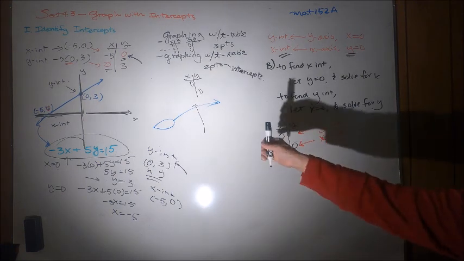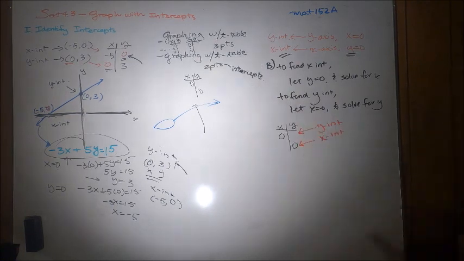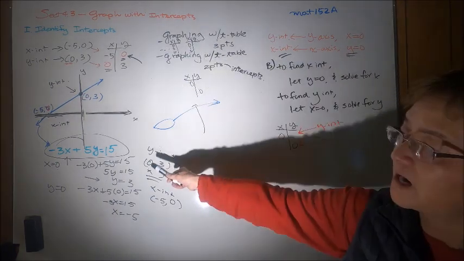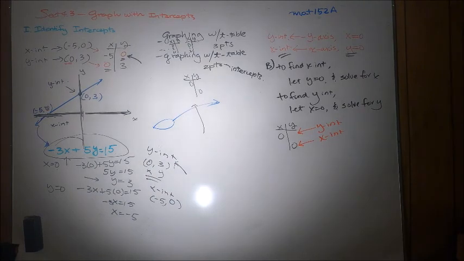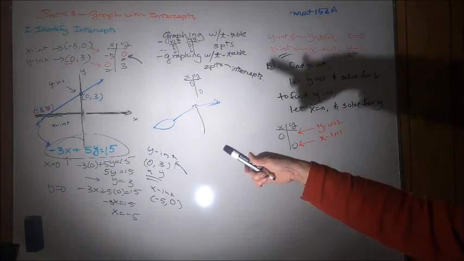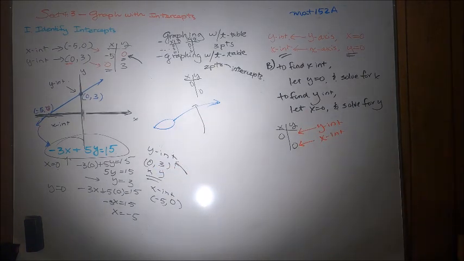Then the second method is using special 2 points for a purpose. Okay, so let's learn that. First we have to know how to identify the intercepts. Then we will use the concepts of intercepts to find the special 2 points for graphing a line.